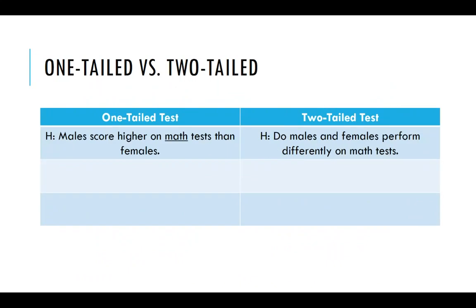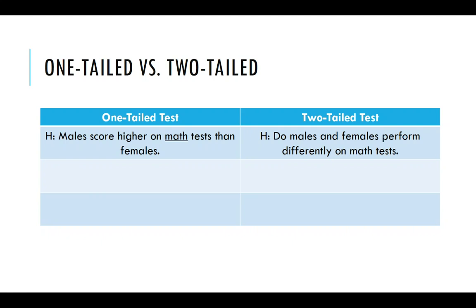We can see that we would frame a one-tailed hypothesis differently than a two-tailed hypothesis. For the one-tailed, I might be saying, hey, I'm coming in with the expectation that males score higher on math tests than females, so I'm testing that specifically. But a two-tailed test would simply say, hey, do males and females perform differently on math tests?